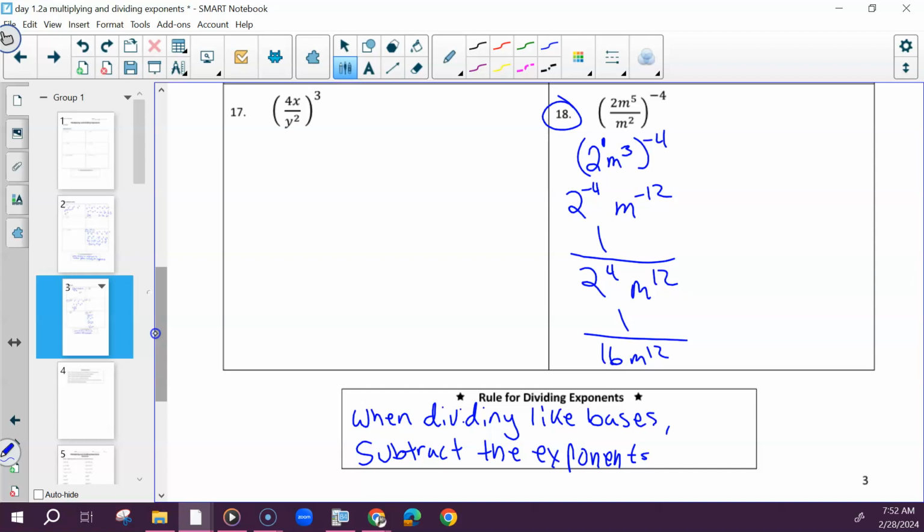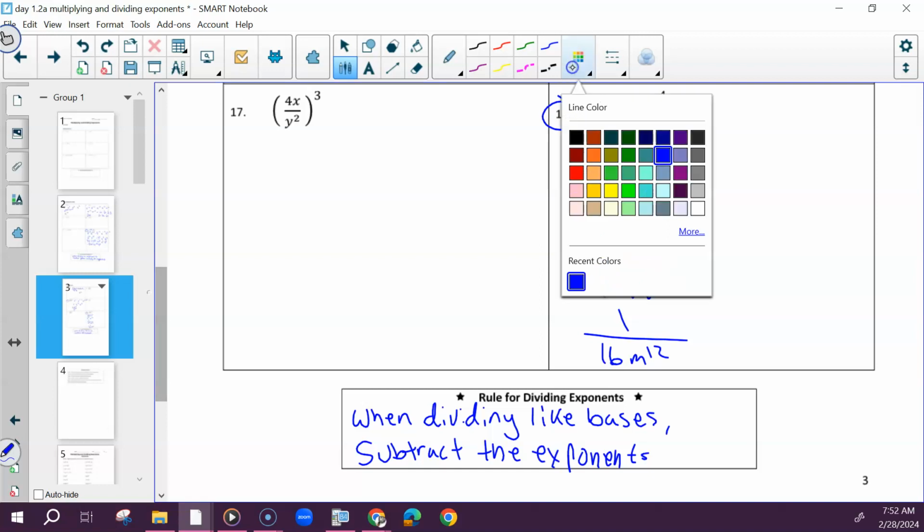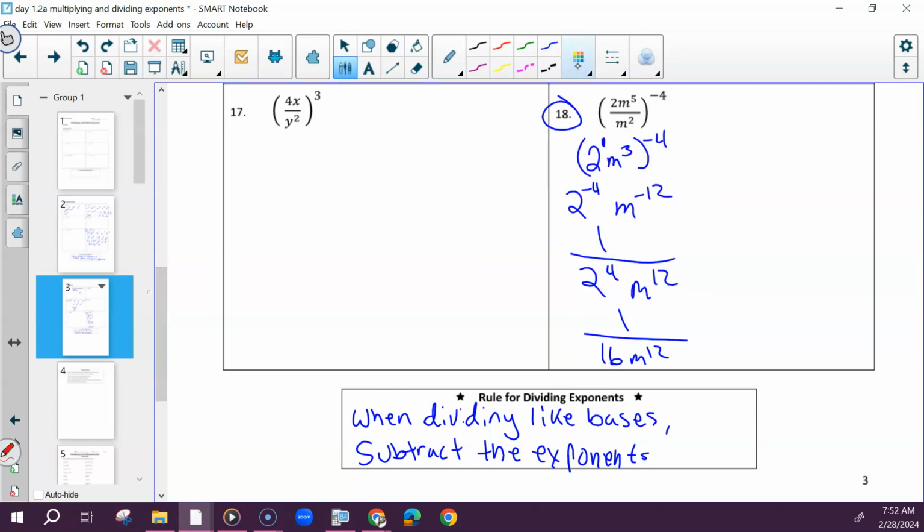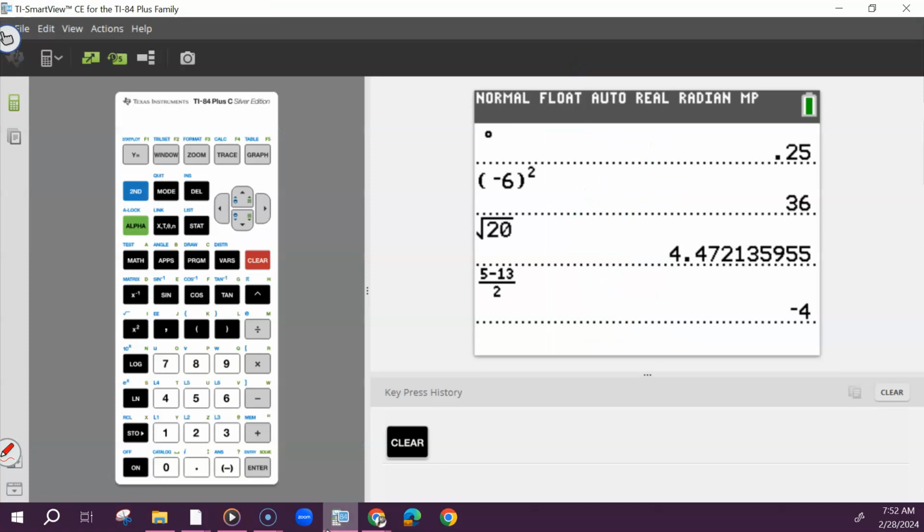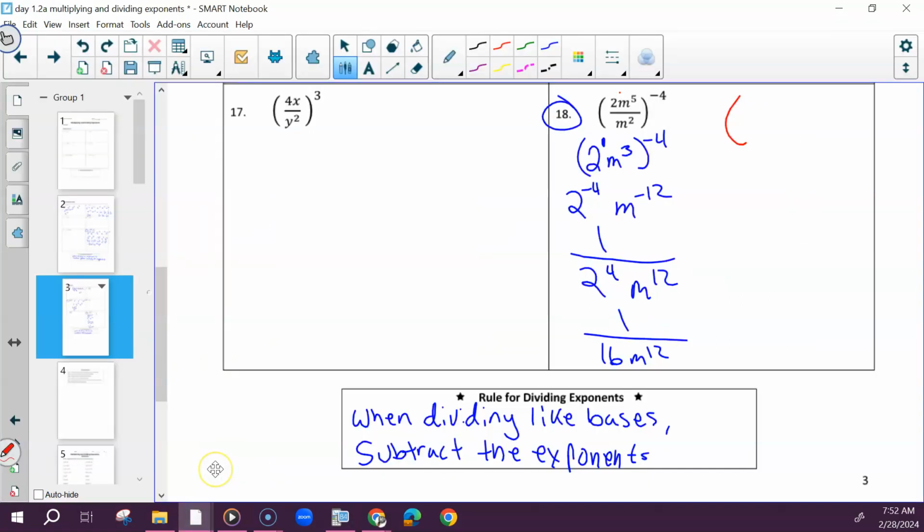If I did that the opposite way, so really quickly, we did that in reverse. Let's say I multiplied the negative 4 to all of my exponents first. You don't have to write this down, you can if you want. We have 2 to the negative 4th, m to the negative 20th.